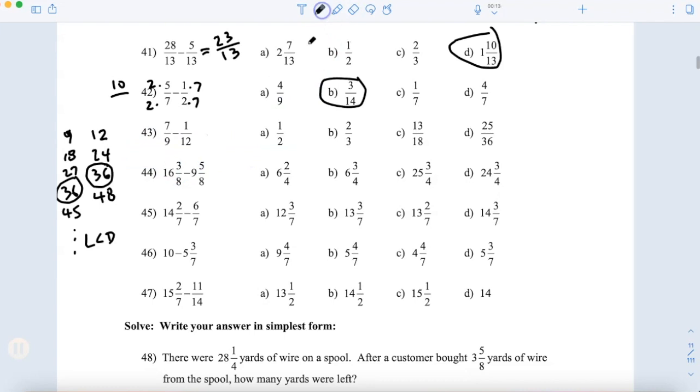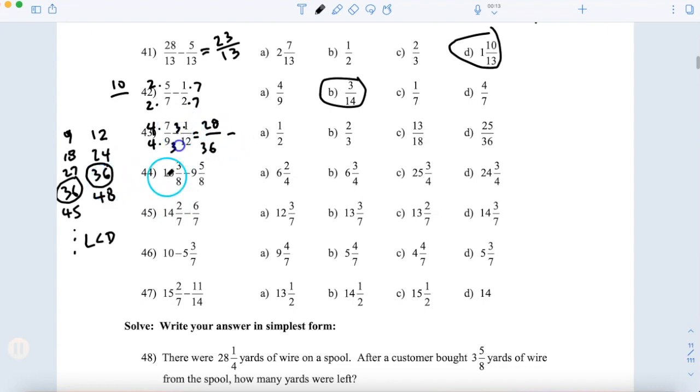So how do we do that? I got to turn 9 into 36. By what number do I need to multiply the 9 to get 36? Times 4. I do it on the bottom, I do it on the top. 7 times 4 is 28, and 9 times 4 is 36. Minus, how can I turn 12 into 36? Times 3.